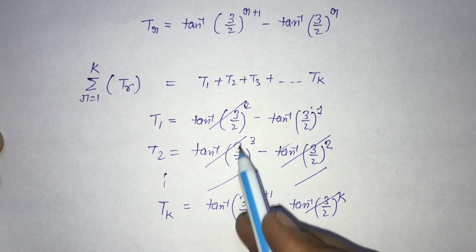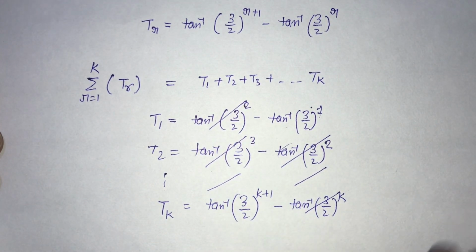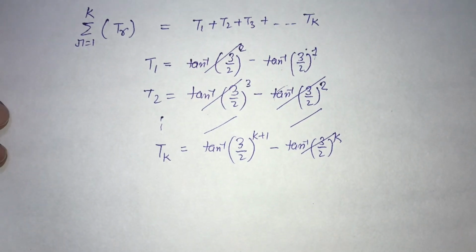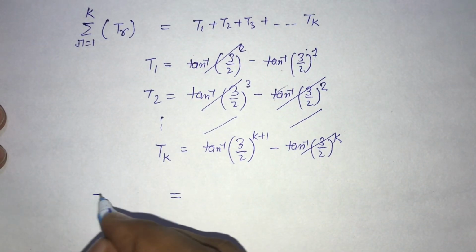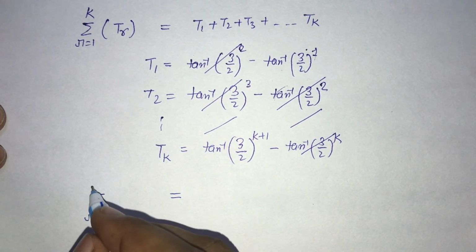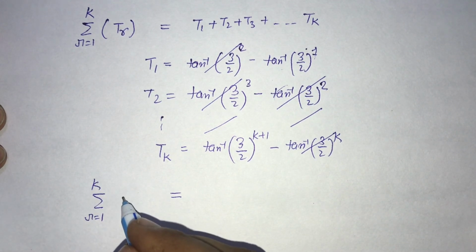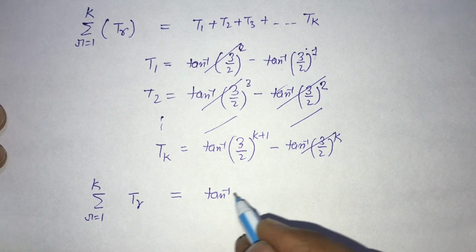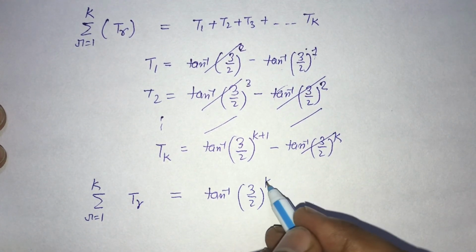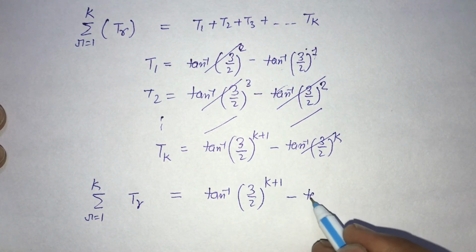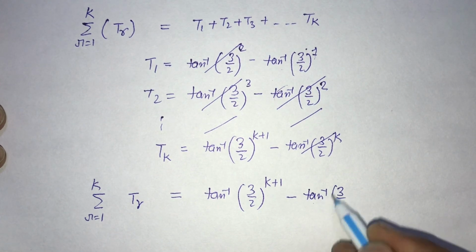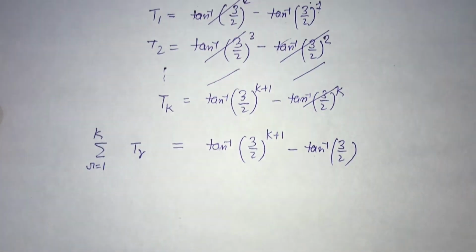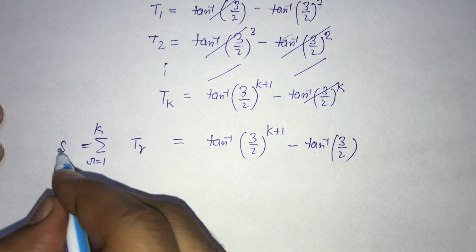So this will be cancelled. What will we be left with? Sigma of r equals to 1 to k Tr is equal to tan inverse 3 by 2 raised power k plus 1 minus tan inverse 3 by 2. This is basically Sk given to you.